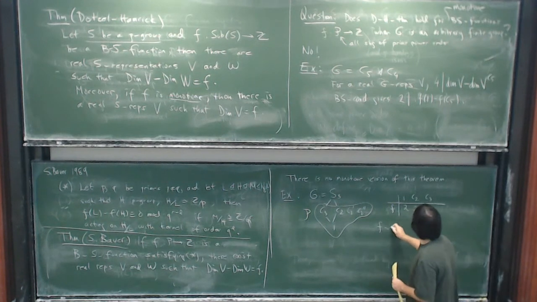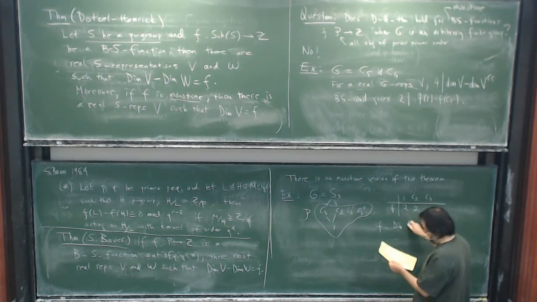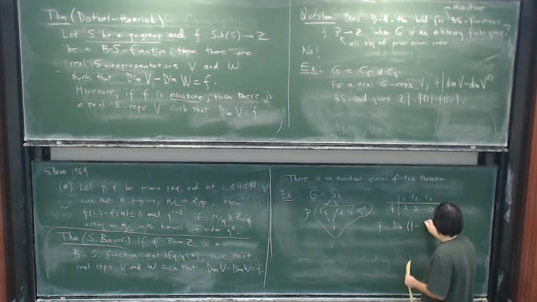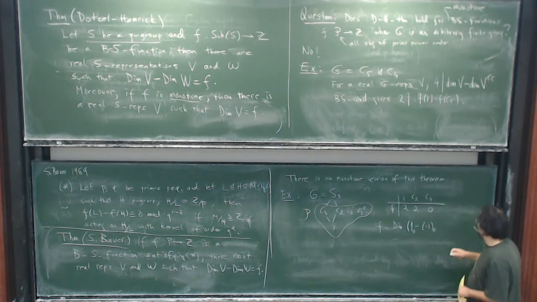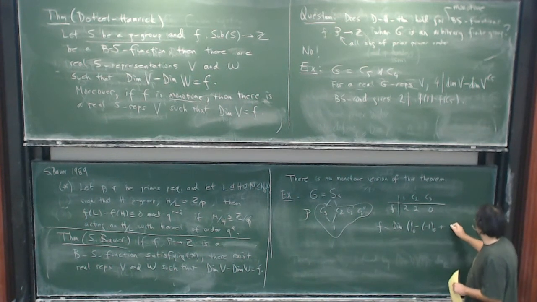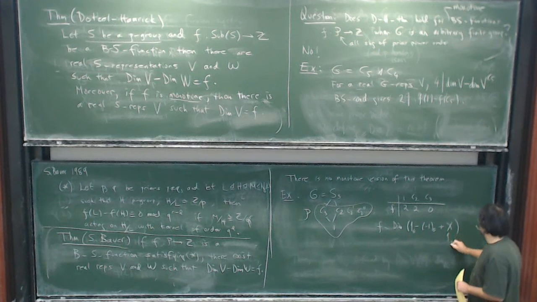So this F is a dimension function of 1 minus 1. So this is the trivial. This is the twisting one, plus a two-dimensional representation.